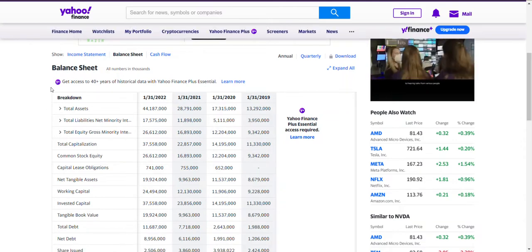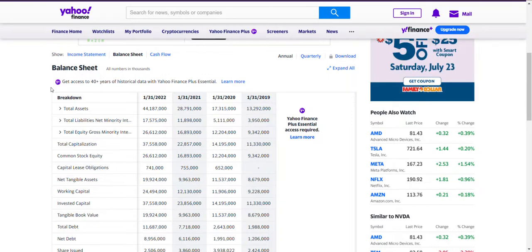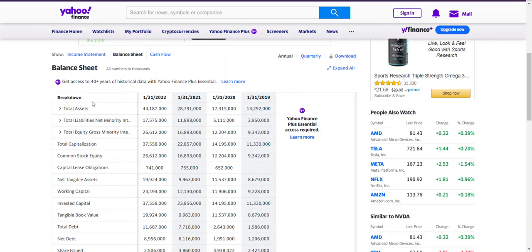Alright, so let's start off with the basics. I'm pretty sure most of you guys know what assets are, but just in case, assets are things that are income producing or have value. So think of cash, real estate, tangible assets, stocks, investments, money.